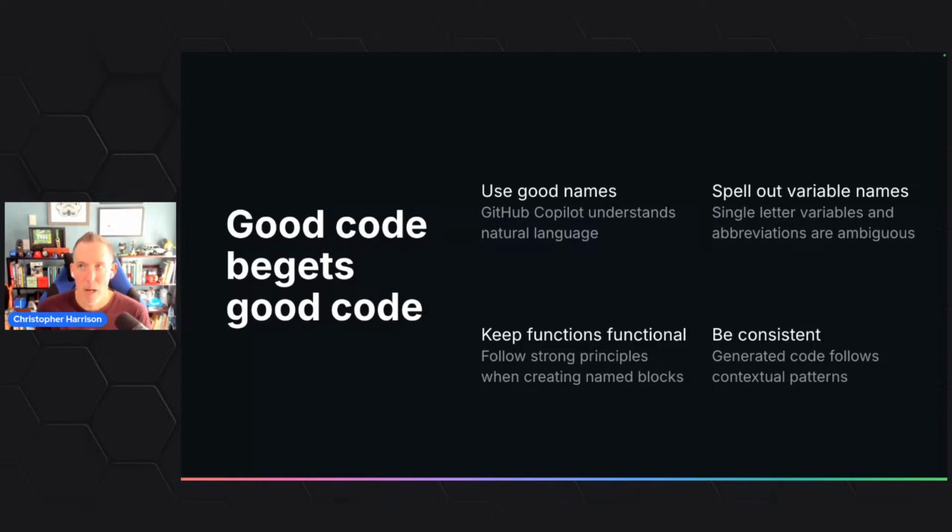And here's the problem: abbreviations and single letter variable names are not clear. They require some innate understanding of the code base. Copilot doesn't have that. Just as a developer new to the project isn't going to have that, Copilot isn't going to have that. So making sure that we have good names, spelling things out, becomes really important. So good names, spell out those variables. Keep functions functional.